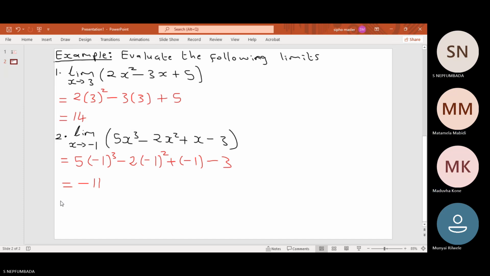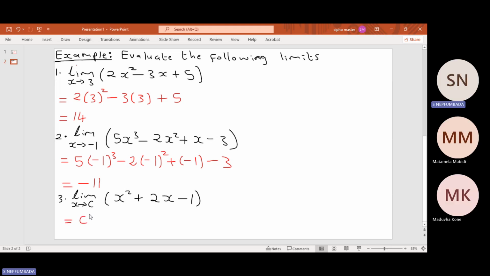Yes. Okay. If we've got the limit of x approaching c of x squared plus 2x minus 1, it means where there is an x, we're going to put c.